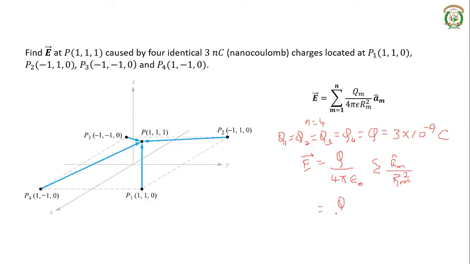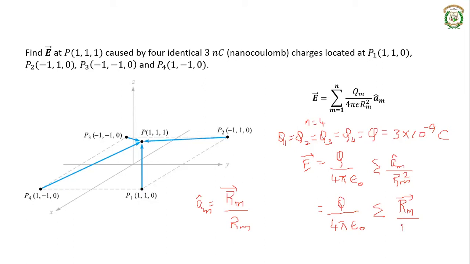So Q divided by 4 pi epsilon naught into summation of Am. What is Am? Am is the unit vector in the direction of a particular vector, right? So you can write this in terms of Rm as Rm divided by magnitude of Rm. If I substitute Rm divided by magnitude of Rm in place of Am, I can write the same thing as Rm divided by Rm cube, since there is already Rm square in the denominator and again there is Rm.